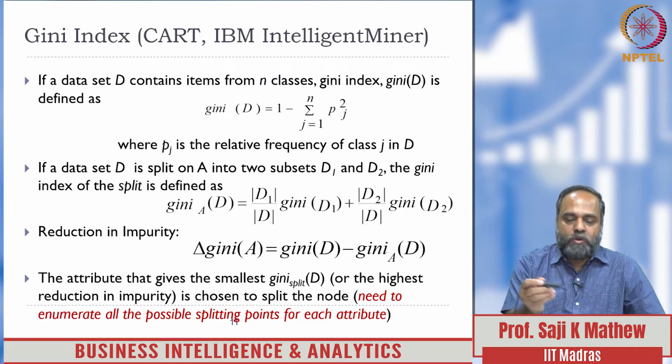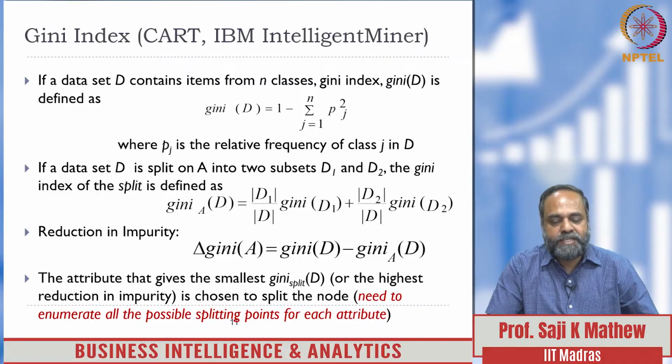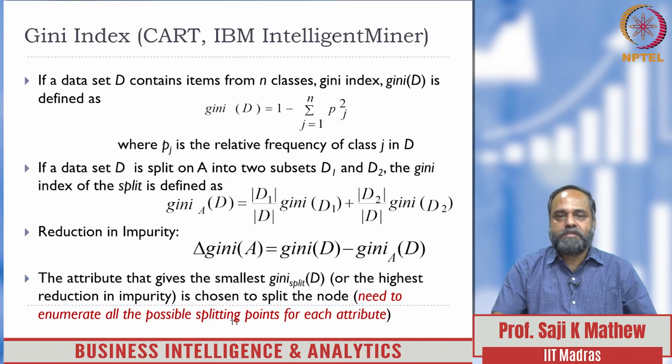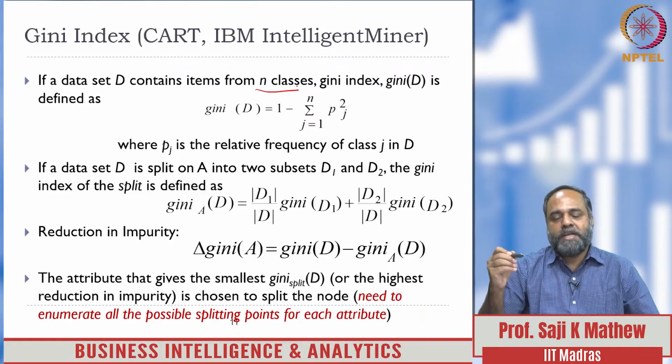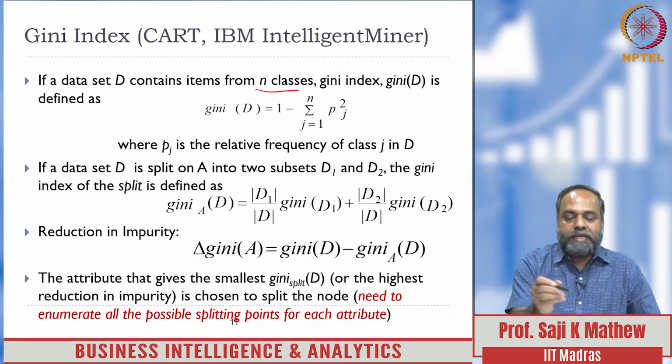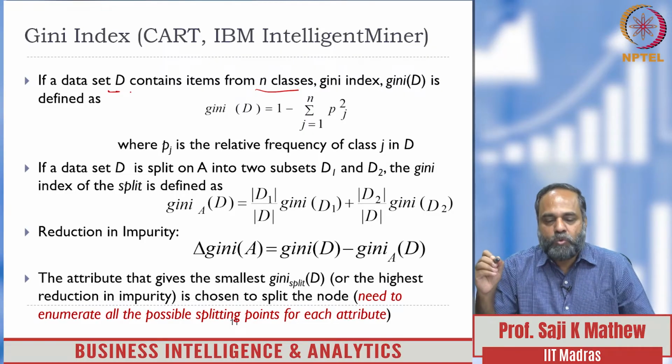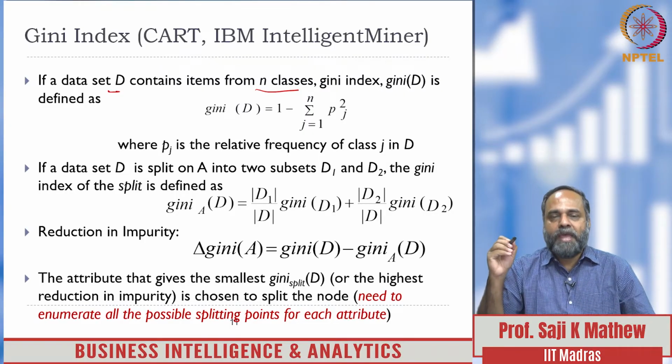Okay, so here is the definition. If a data set D contains items from n classes, where n is the number of class labels, or the number of values of the outcome or target variable. Data set D is the root node with a particular size.